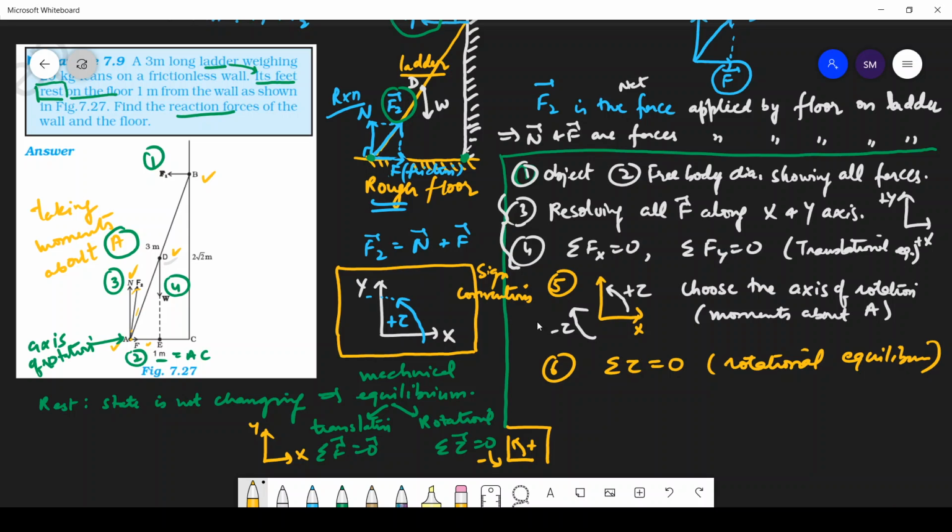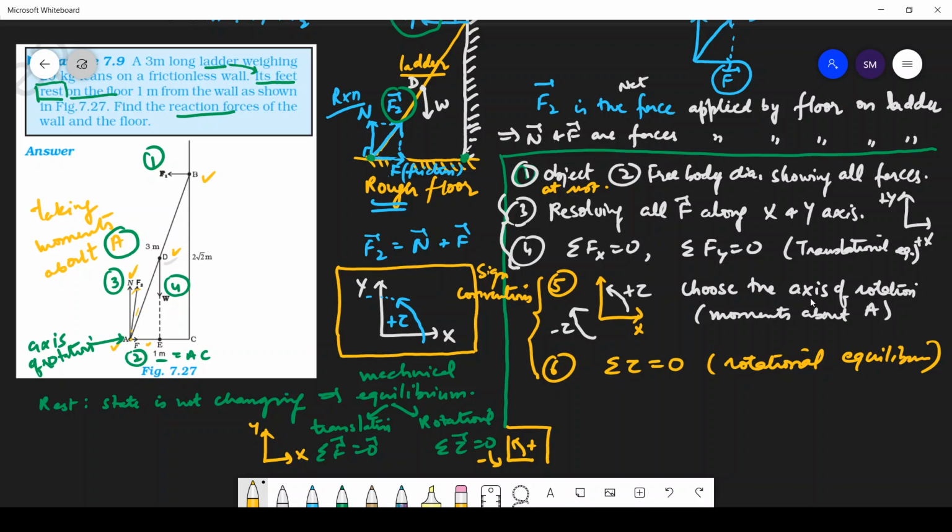So students, these are very simple things that you need to do in all the questions. Take the object where the force is applied, which is stationary, meaning at rest, and then draw the free body diagram showing all the forces. If they are not along the x-axis and y-axis, then resolve all the forces along the x-axis and y-axis, and then you will get summation Fx and summation Fy as 0 because there is translational equilibrium.